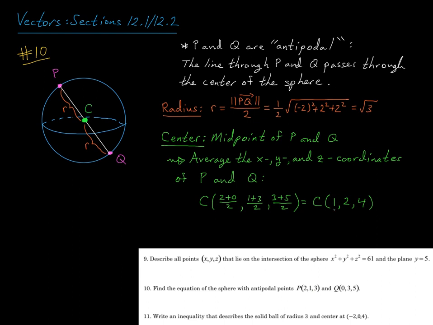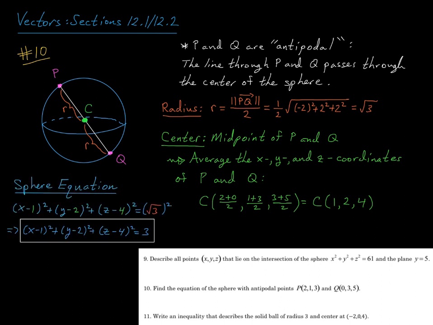That's the x coordinate of the center. For the y coordinate, we'll just average the y coordinates of P and Q, so 1 plus 3 over 2, and that's 2. And then lastly, for the z coordinate, 3 plus 5 over 2, and that's 4. Okay, so our sphere has a radius of root 3 and a center with coordinates of 1, 2, 4.